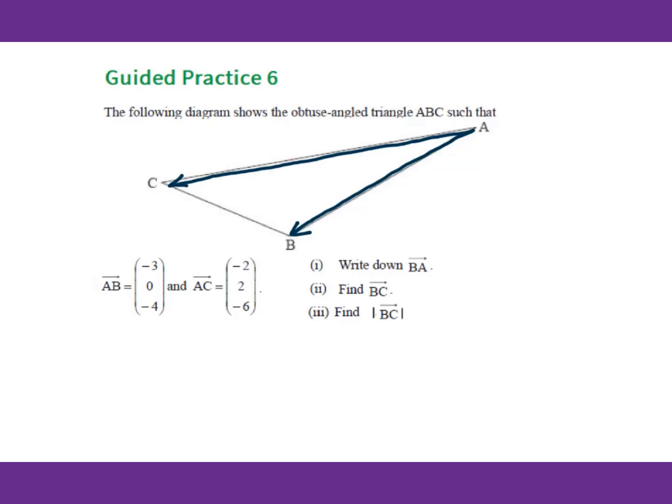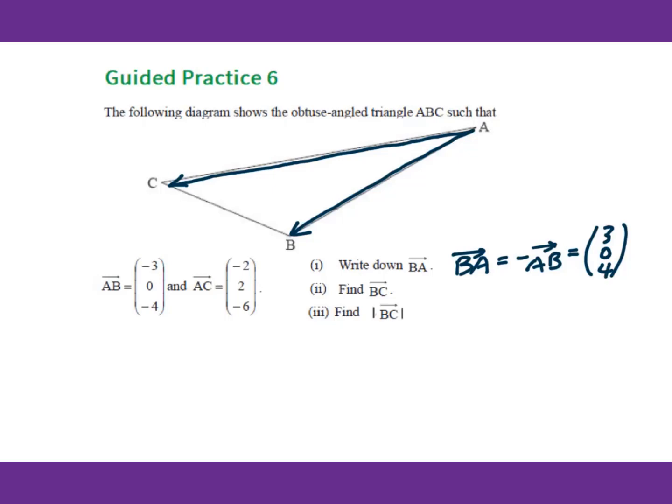Write down BA. Vector BA equals negative vector AB, which means just opposite of each component. We have 3, 0, 4.